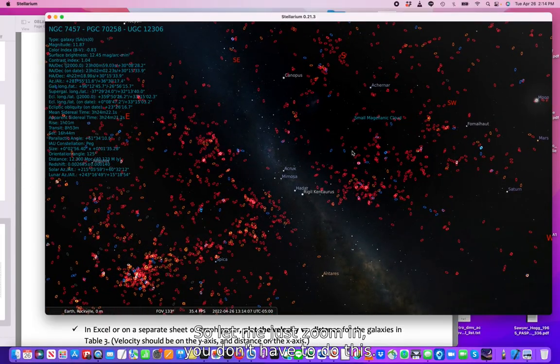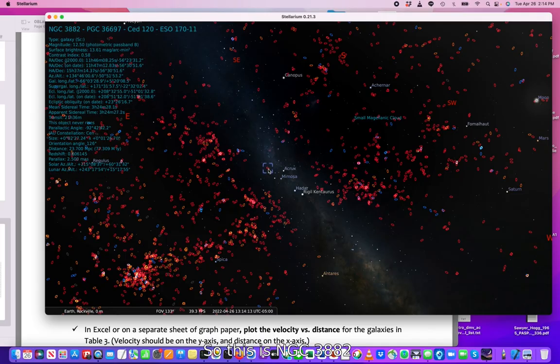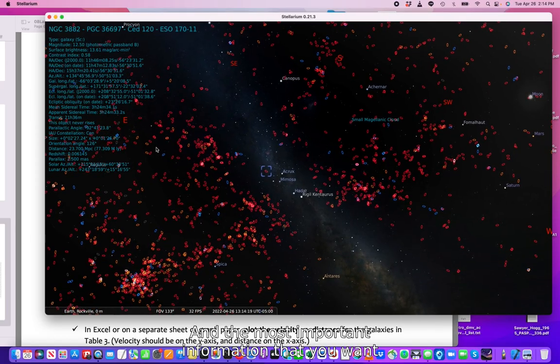So let me just zoom in. You don't have to do this. Okay, let me just click on this right here. So this is NGC 3AA2. And the most important information that you want is the redshift and the distance that's right here, okay? The distance and the redshift right here.